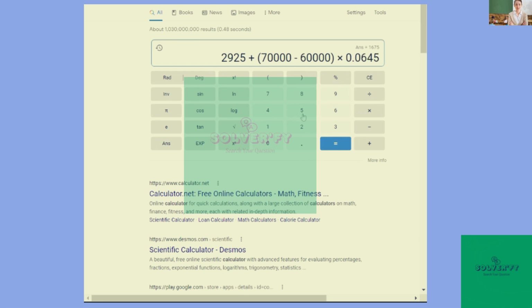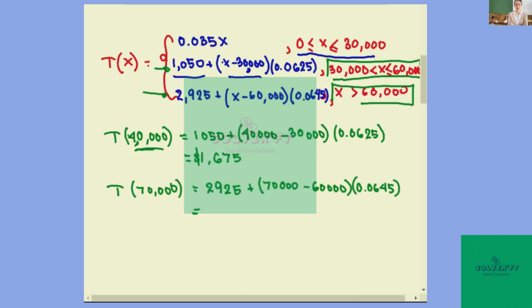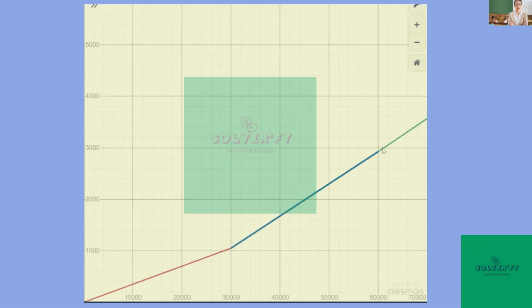That gives us 3,570. I think in our graph, we go all the way to 70. There we go. You can see it is indeed 3,570.